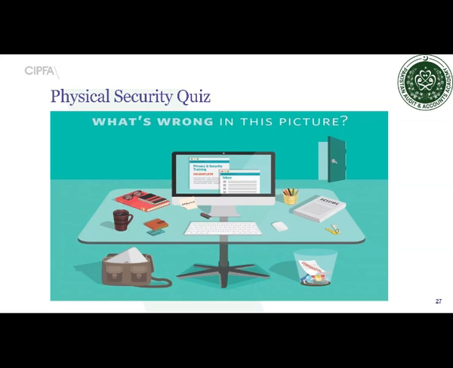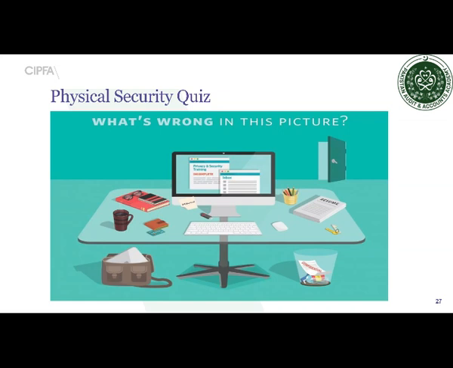Okay, no camera. Yes, that has been mentioned. Sure. Anything else? USB? There could be data that could easily be taken.